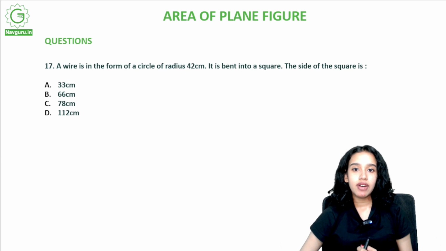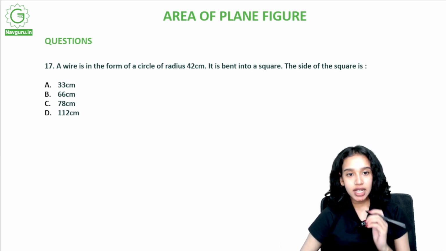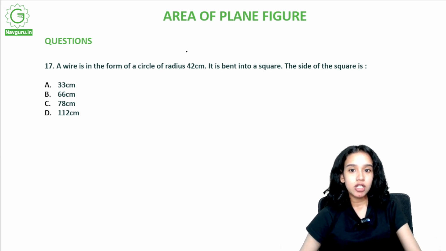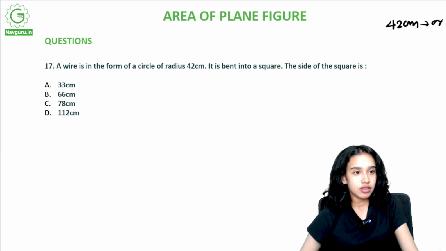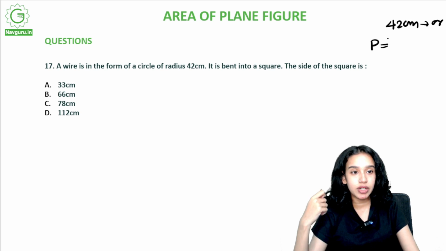Now, a wire is in the form of a circle of radius 42 centimeters. It is bent into a square. The side of the square is. So a wire is in the form of a circle, 42 centimeter is the radius, right? Now what is the perimeter or circumference? What is the total length of wire which is required? That is the circumference. Circumference is 2 pi into r.